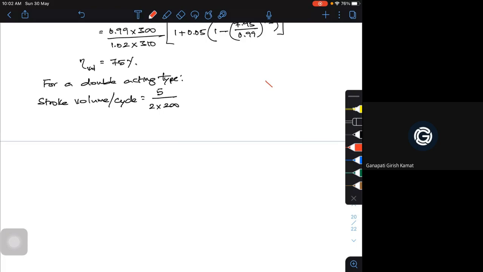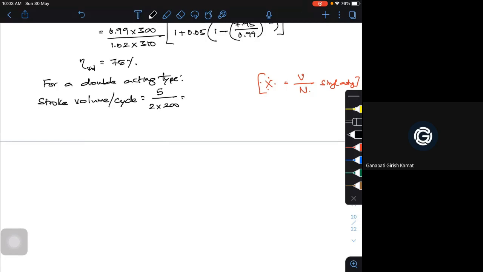Let me write the formula here. This will be your V divided by N. This V is for single acting: it will be directly the volume given, V, if it is single acting. Here for double acting, I have to divide the volume of the air delivered by 2.